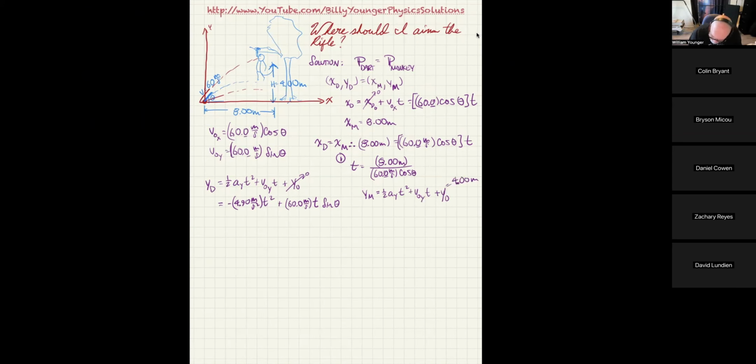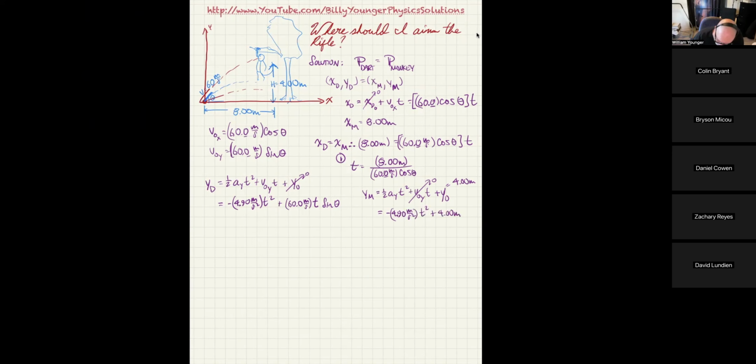The initial y velocity is actually going to be 0, but the acceleration is still going to be negative, so negative 4.90 meters per second squared times t squared plus 4.00 meters.